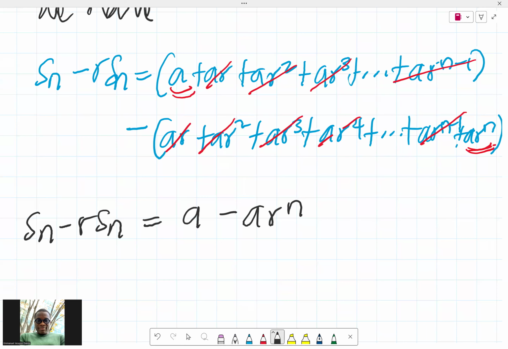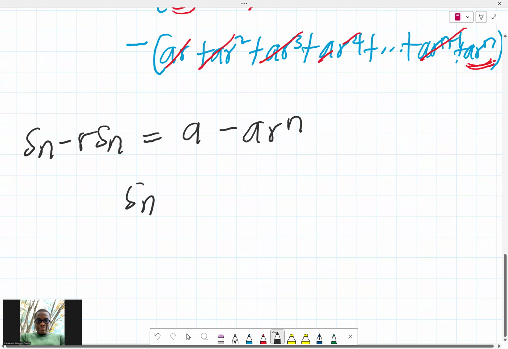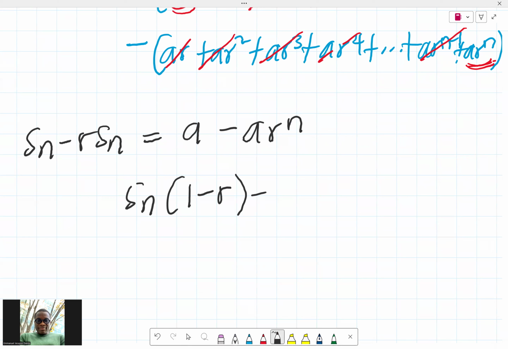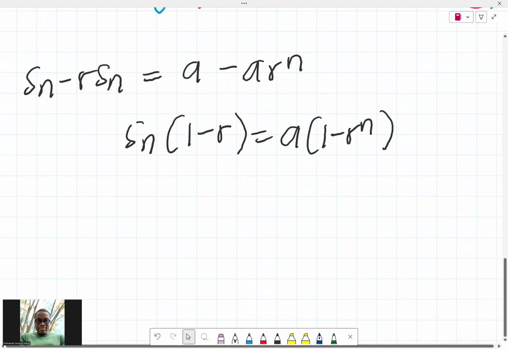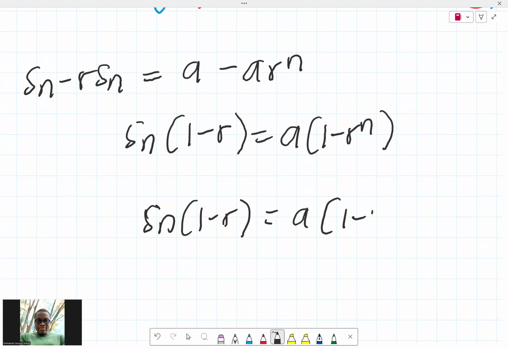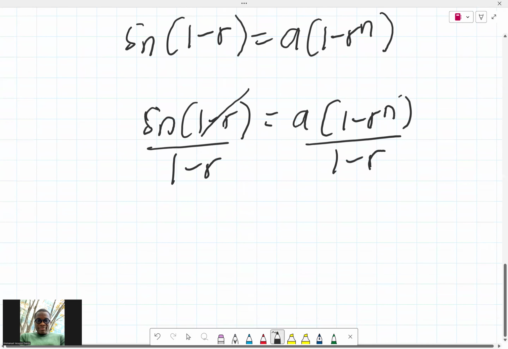Okay, so we can tidy things up here now by factorizing. So Sn into 1 minus r equals a into 1 minus r raised to power n. If we divide through by 1 minus r, this cancels out.